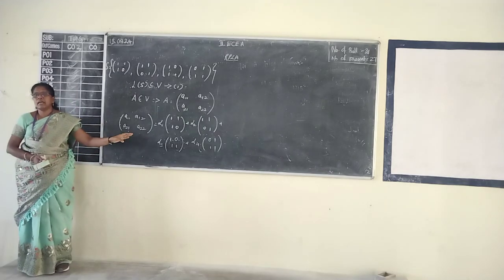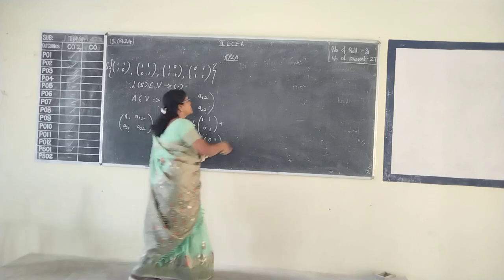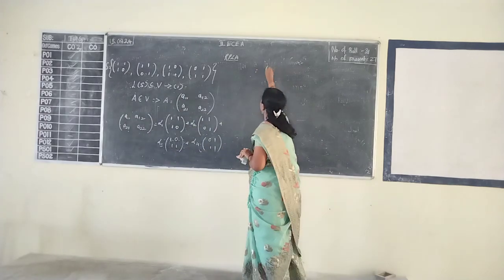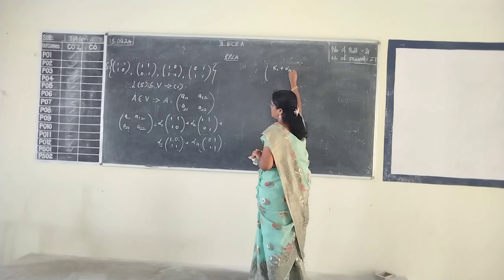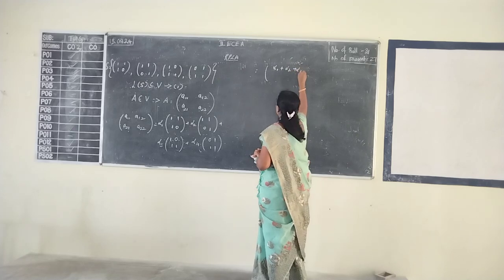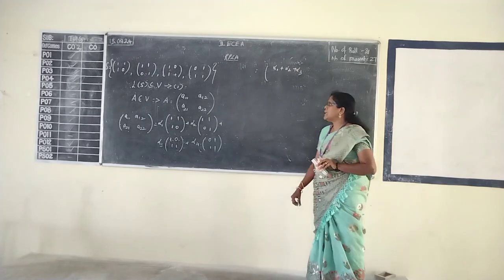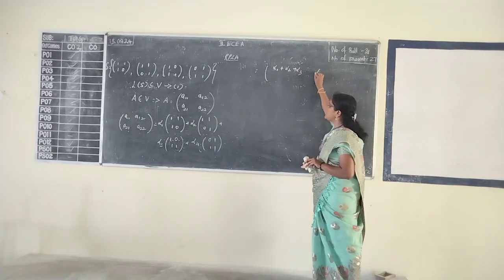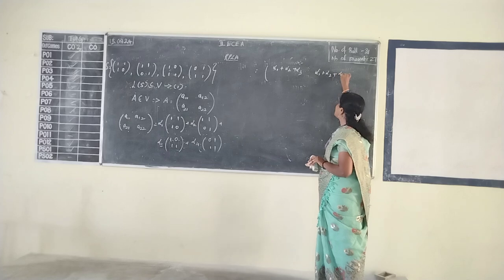Tell me what is the next step you have to do? You have to rewrite the RHS using matrix addition. So tell me what will be your RHS? Alpha 1 plus alpha 2 plus alpha 3. Add all the corresponding first elements. What is the second element? Alpha 1 plus alpha 2 plus alpha 4.